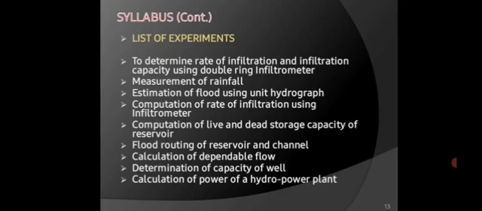Rainfall measurement is also a part of instrumental work, but the other experiments are analytical ones, meaning finding out flood analysis or flood value with the help of hydrograph, flood routing, well capacity and calculating the power of a hydropower plant. So these are the few experiments in this subject.